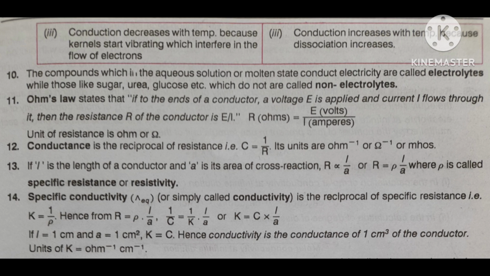Its value is fixed. Hence you can also say that K, the specific conductance, is equal to conductance into cell constant. L upon A is called cell constant.